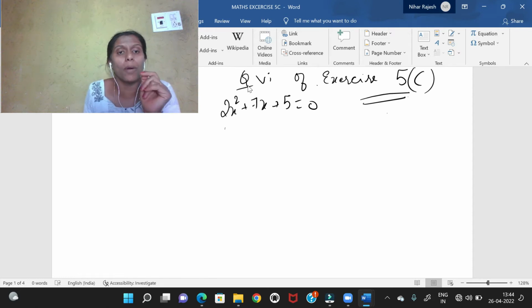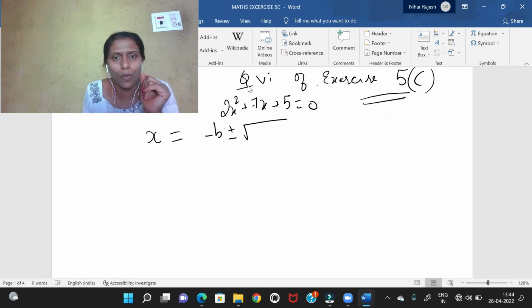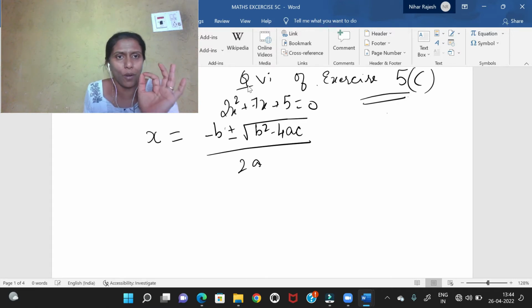Roots of x. So x is equal to minus b plus or minus square root of b square minus 4ac, divided by 2a, is the formula, right? Here there are three variables: a, b and c.